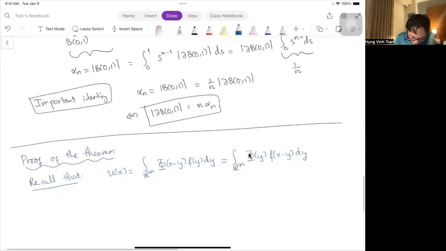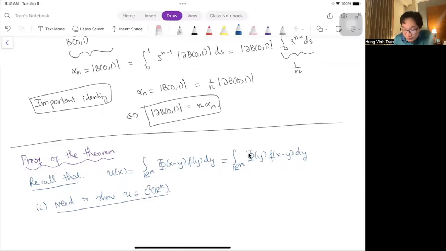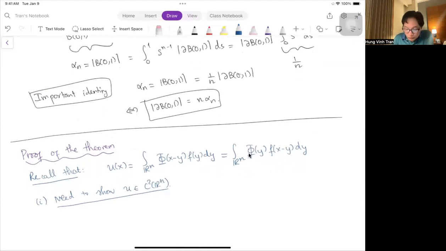The first claim we need to prove is that u is in C2 of R^n. When I need to show that u is C2, that means I need to differentiate twice. Looking at the two formulas, in the first formula, x is in the phi. Remember that we already said from the beginning that phi blows up at zero, so it's a little bit bad at zero.